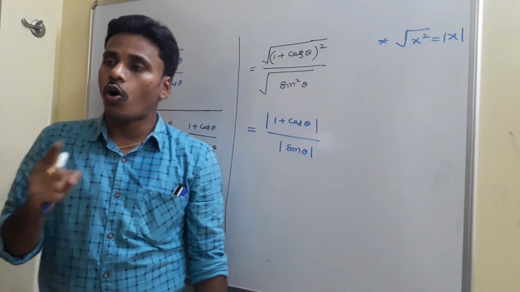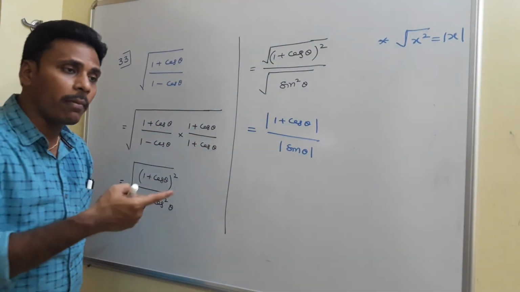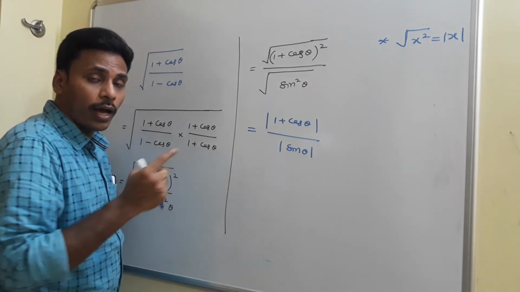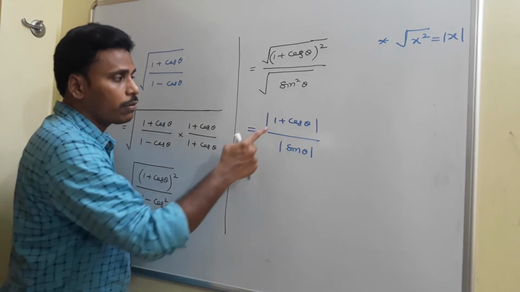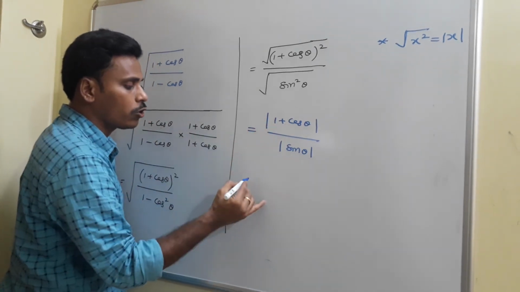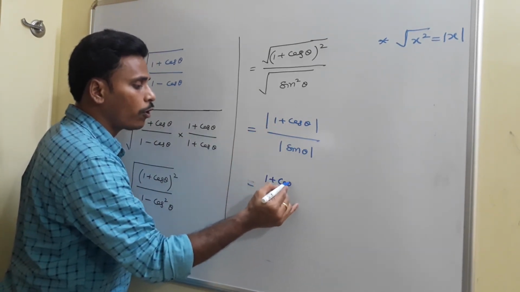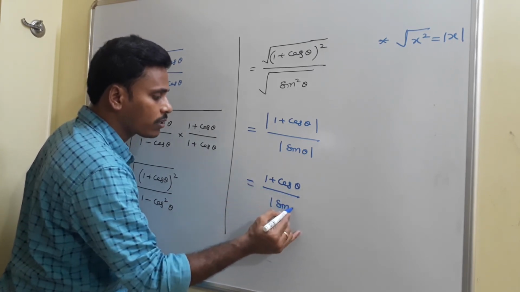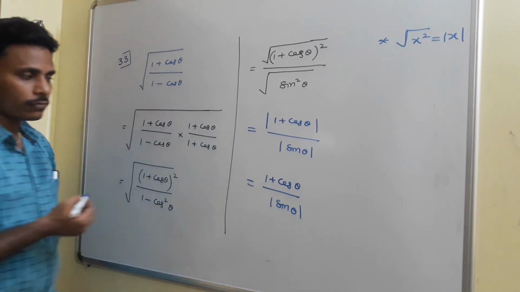Always the values of cos theta are between minus 1 and 1. Since cos theta is between minus 1 and 1, if you add 1, that means 1 plus cos theta is always positive. Since the numerator is always positive, directly remove that modulus, but you are still left with the modulus sign in the denominator.